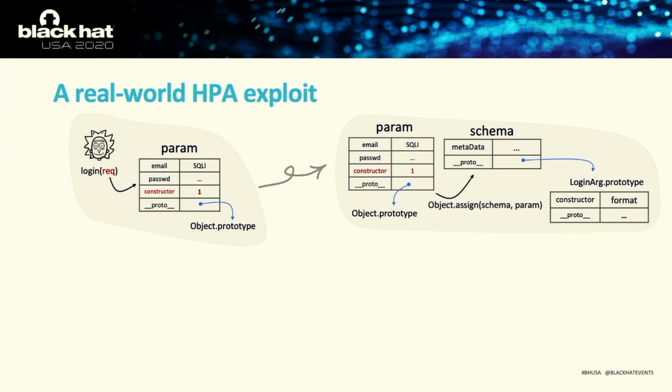To simplify the demonstration, let's just use Object.assign in this example. By performing the merging operation, the hidden property constructor is also transferred into the schema. By performing such a transformation, we can now hijack the inheritance chain of the constructor on the schema object, like we have demonstrated in the second attack vector.